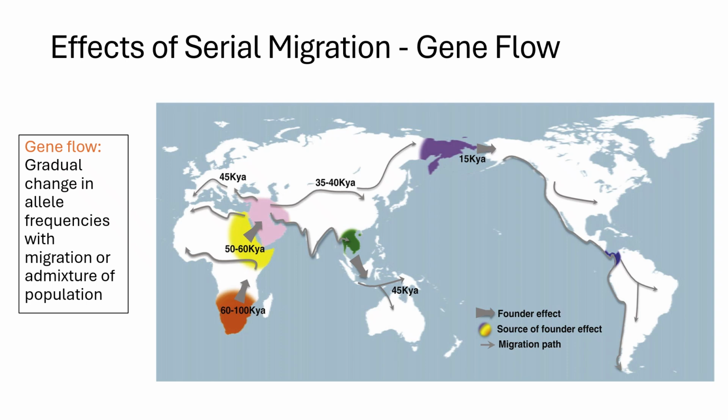So for instance, if there is a gene variant that was present in the African population, as they migrate out to Europe, the African population carries that particular genetic variant with them to Europe, and hence the frequencies can change, and the gene keeps flowing from one place to the other. So that's the gene flow effect.